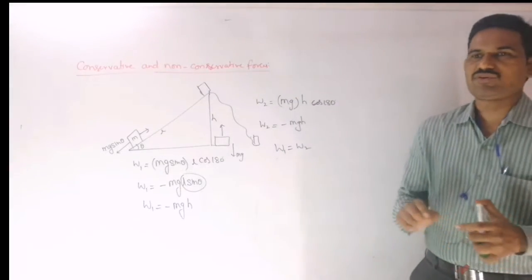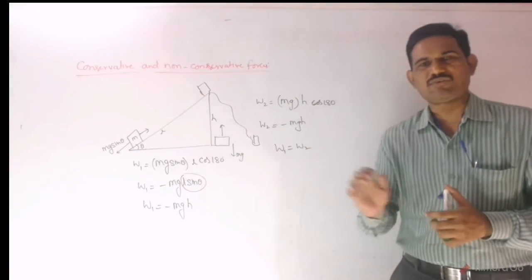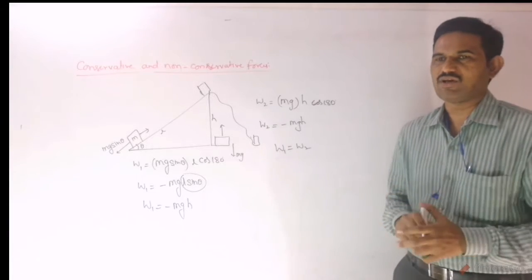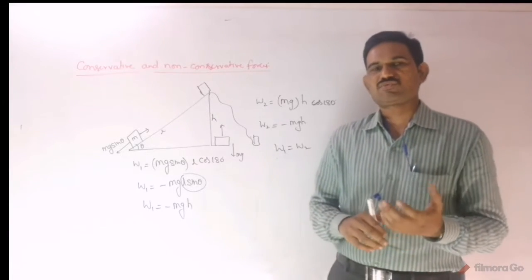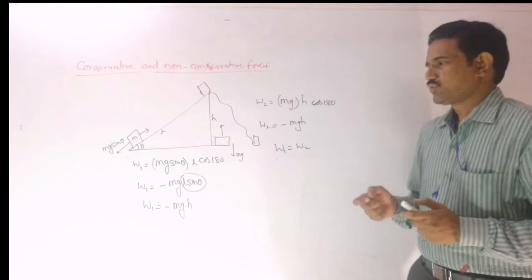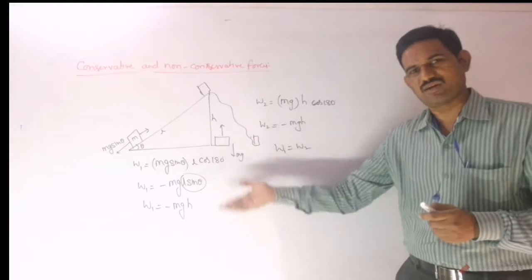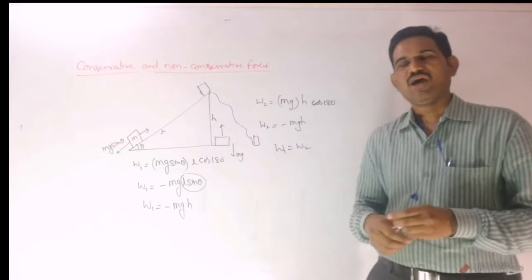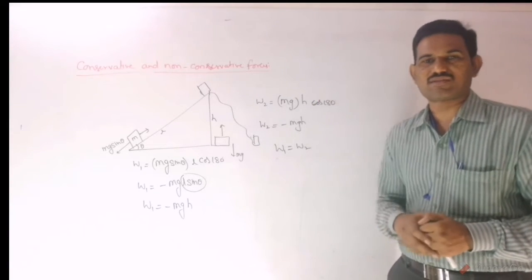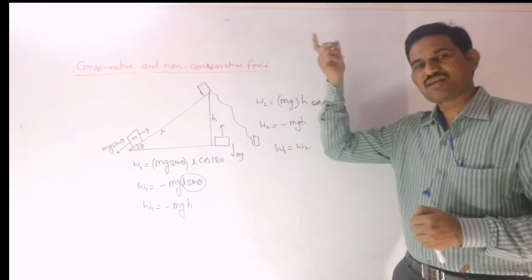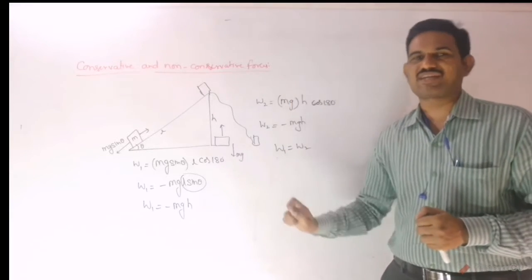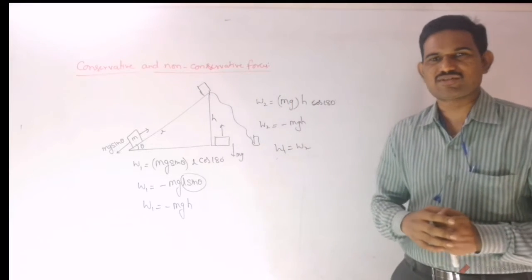It only depends on the initial position and final position. Clearly, the work done by gravity depends on how much height it is rising, whether it is rising up or down; you need to consider how much vertical distance it is traveling.